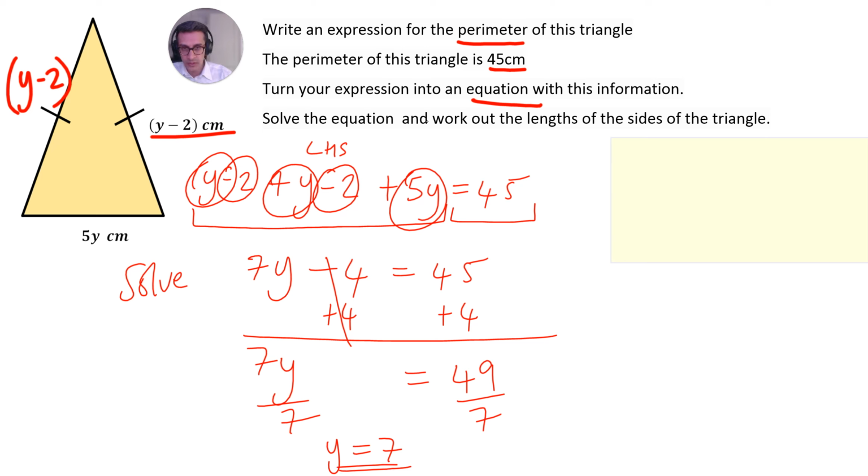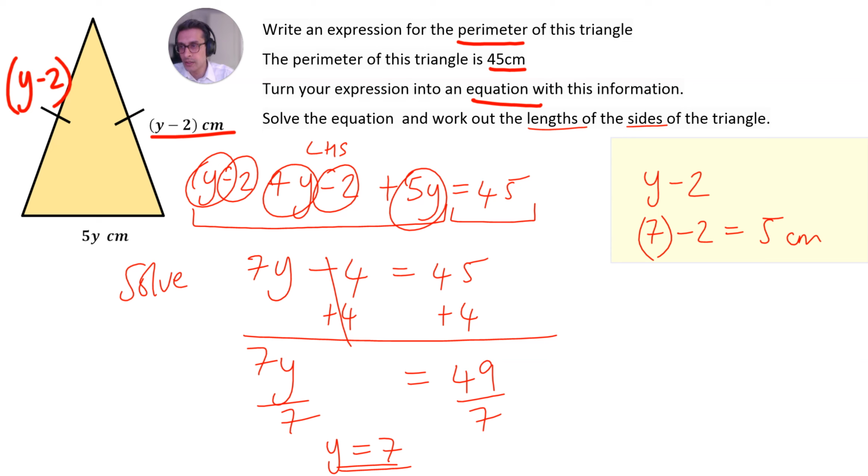Now, the question says to work out the lengths of the sides. So this is not the final answer. We need to put this back into the triangle lengths. So we know that two of the sides are y minus 2. Now, if we know that y is 7, we can just replace that y with 7. So 7 minus 2 is 5 centimeters.